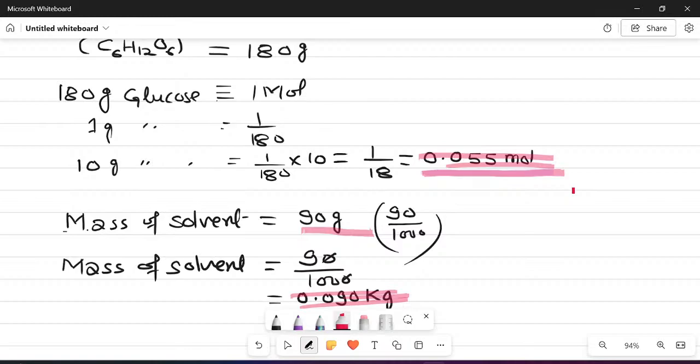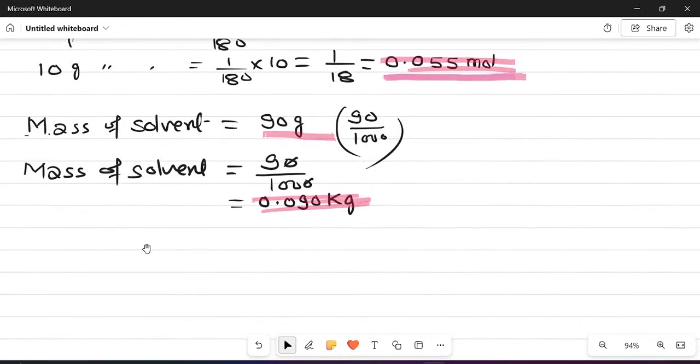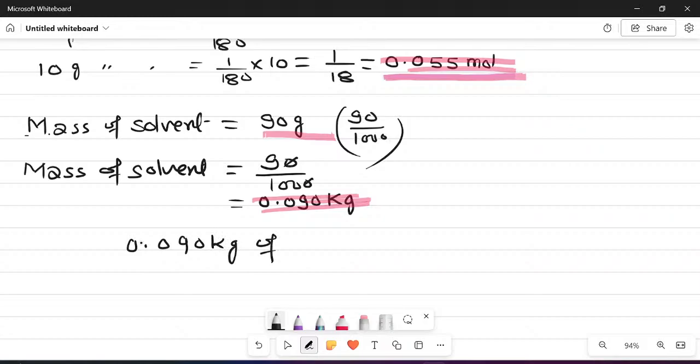But we need number of moles in 1 kilogram of solvent. So we can calculate it easily, because molality is number of moles in 1 kilogram of solvent. So see, 0.090 kilogram of solvent H2O contains glucose equal to 0.055.